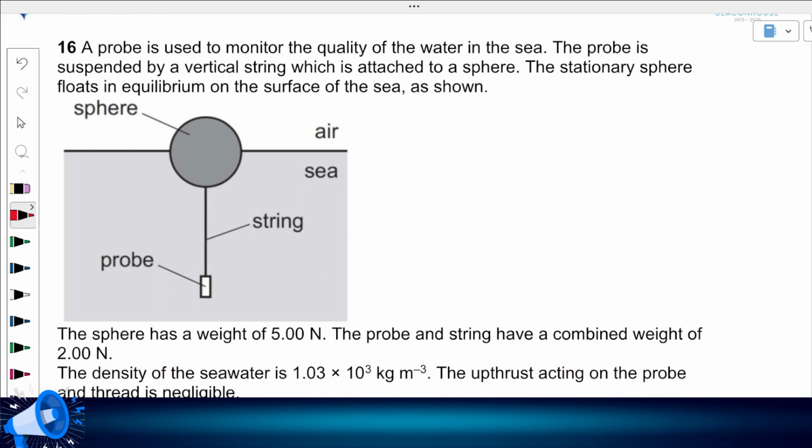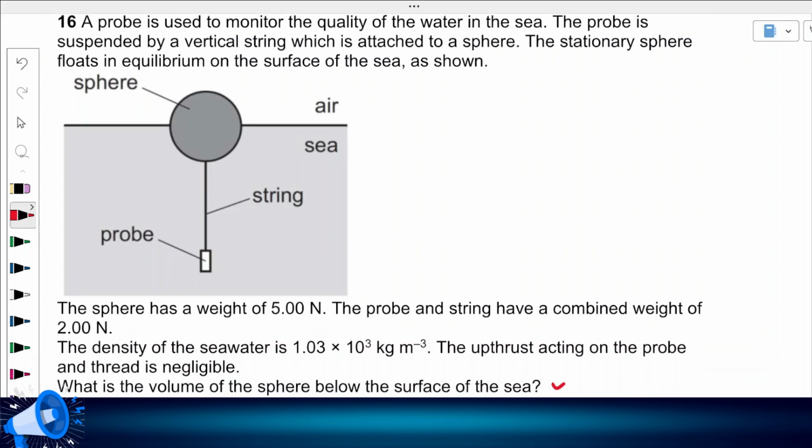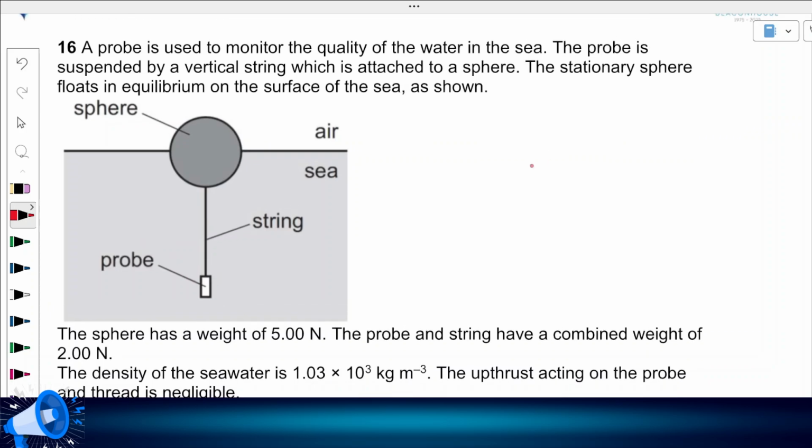Okay, then we have the next one. We need to find the volume of the sphere below the surface of the sea. Alright, the weight of the string and all that is 2 Newton, and the weight of the sphere is 5 Newton. Since it is held stationary in equilibrium, the total downward force should be equal to the upward force.